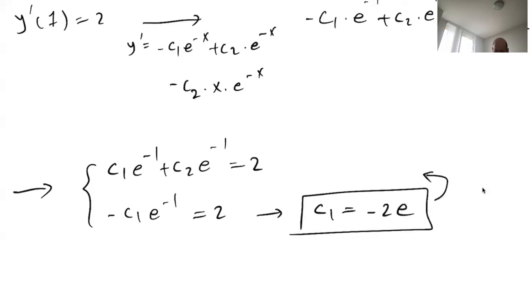And if I substitute back here, if I multiply everything by e, I'll get c1 plus c2 equals 2e. So c2 is 2e minus c1.